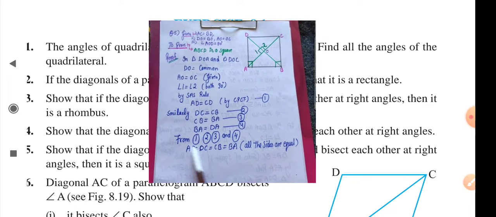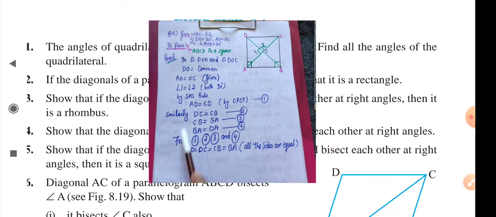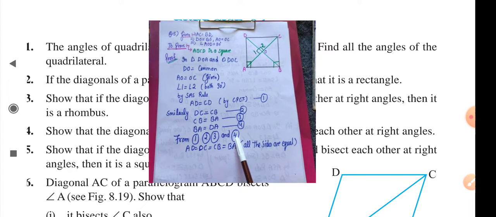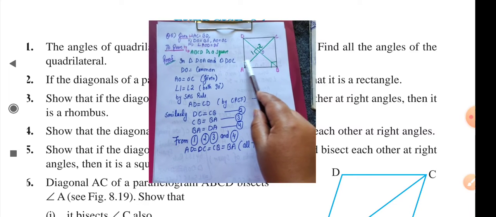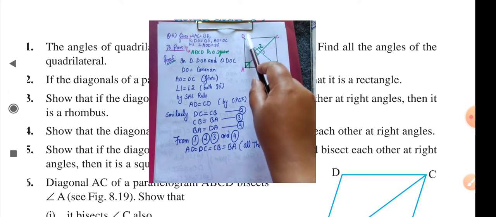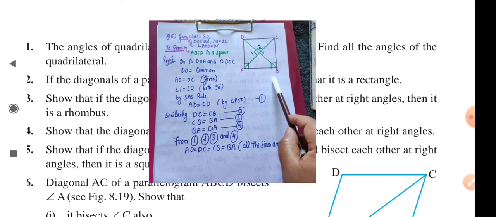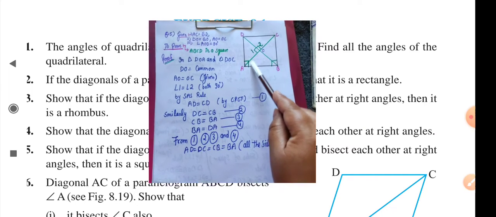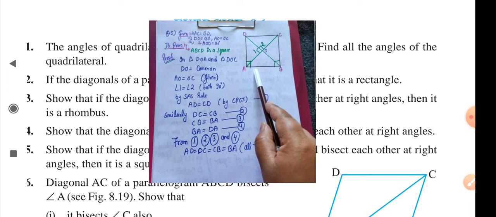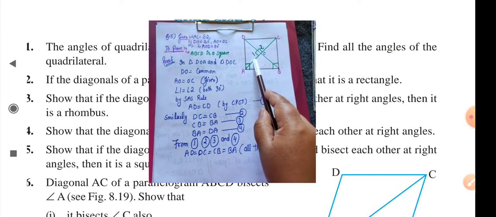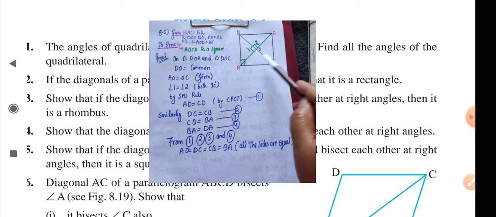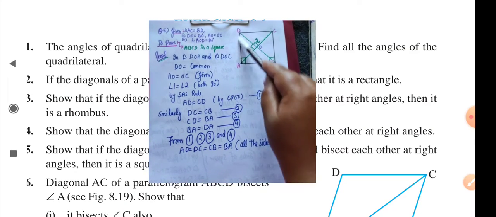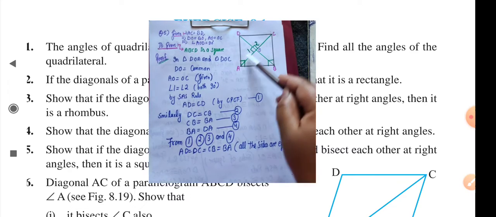Since all the sides are equal, this can be a rhombus but cannot be a square until we prove that this angle A, or angle DAB, is equal to 90 degrees. So for proving angle DAB equal to 90 degrees, we will take the triangles DAB and CBA and make them congruent.